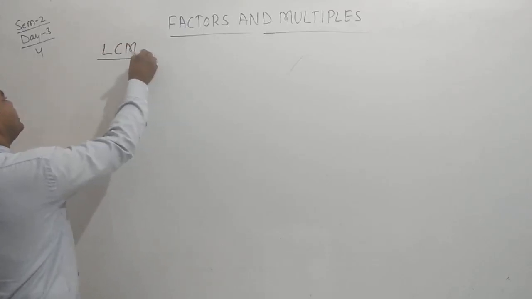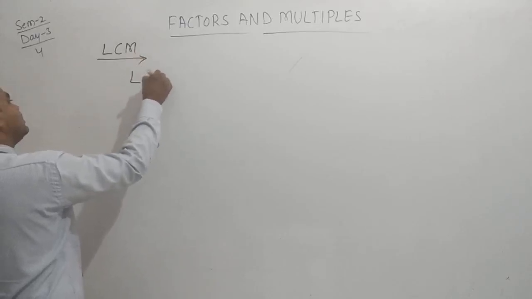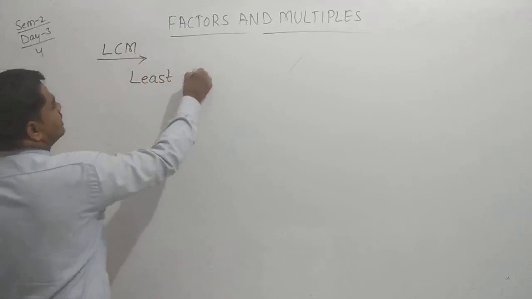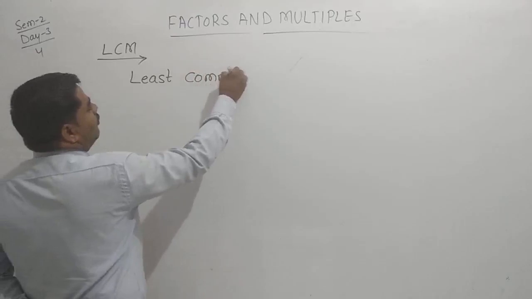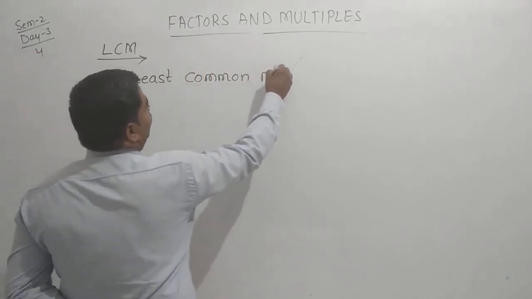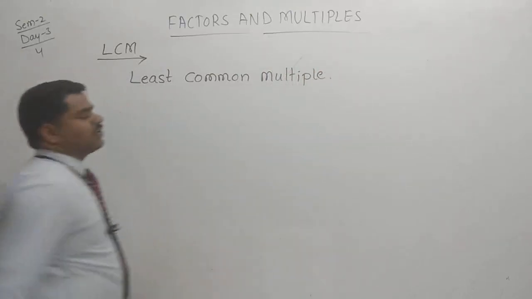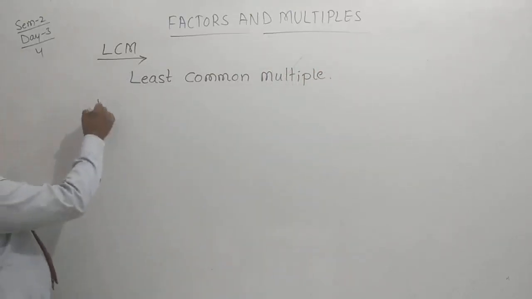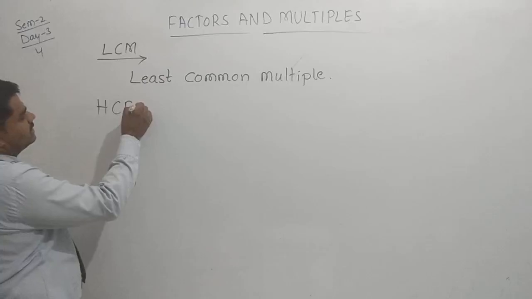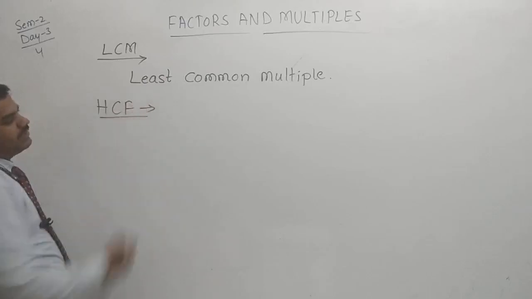Here, LCM. LCM means what? L is for least, C for common, M for multiple: least common multiple. HCF. What does it mean?